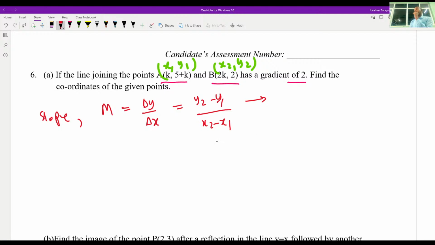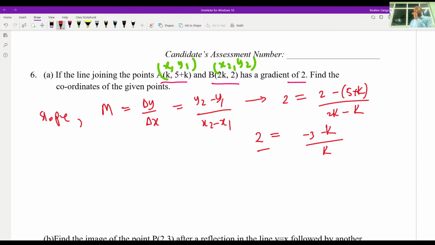So from this definition, the slope is 2, and 2 will be y2, which is 2, minus y1, 5 plus k, divided by x2, which is 2k, minus x1, which is k. Rearranging, we'll have 2 minus 5 will be negative 3 minus k, divided by 2k minus k, you get k.